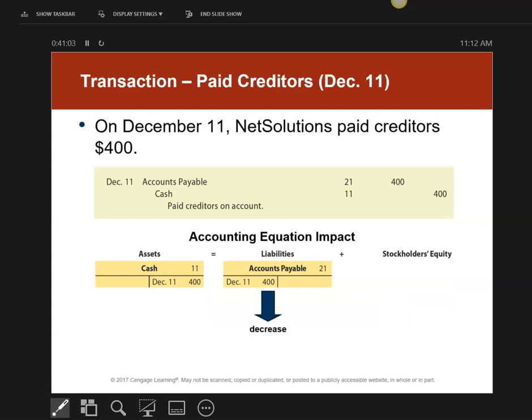On December 11th, I pay creditors on account. So I'm spending money, I credit cash. I'm paying people I owe. That's accounts payable. Decrease my cash, decrease what I owe. We'll look at one more.